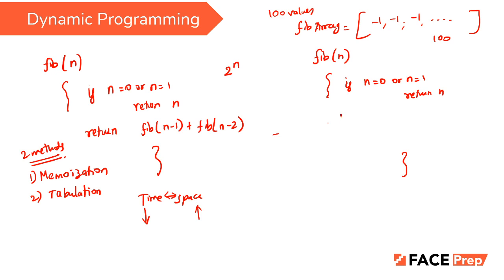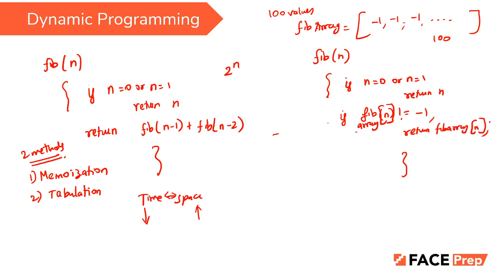Now I also say that if fib array of n is not equal to -1, then return fib array of n. So what am I saying?